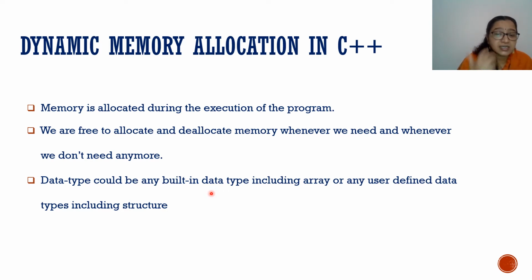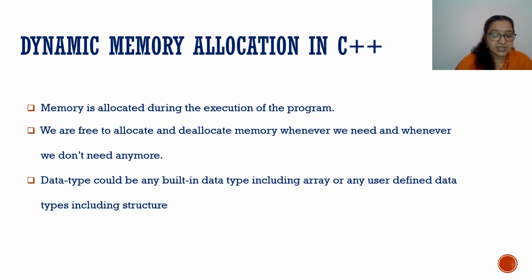Any built-in data types like int, char, float, any predefined data types we can use for the pointer variable, and array also we can include, and the user defined data type. User defined data type means through structure we can create user defined data types. That also we can use through pointers. So these we already studied in the last video.